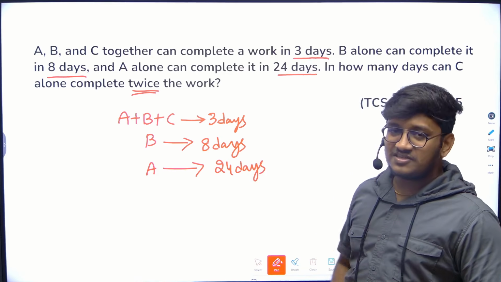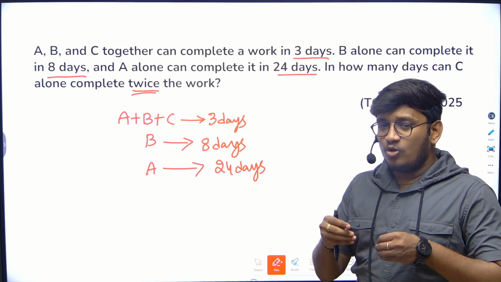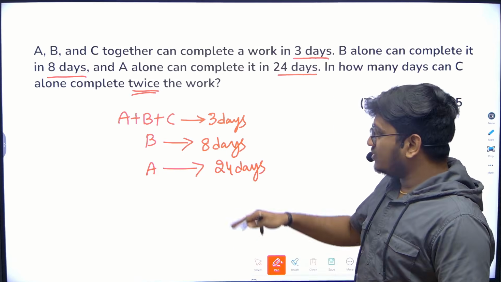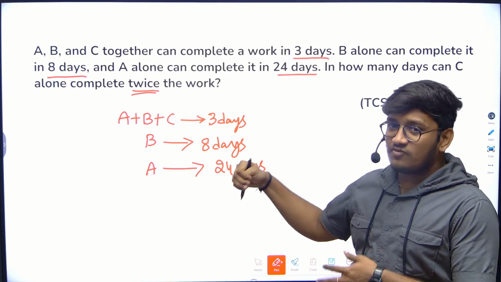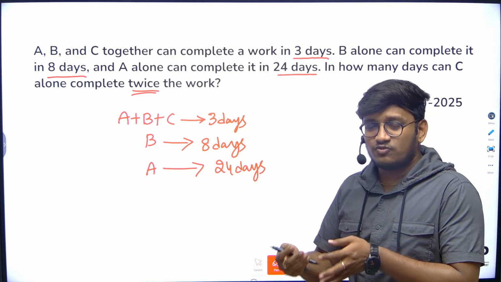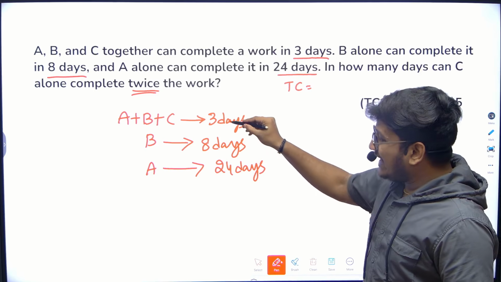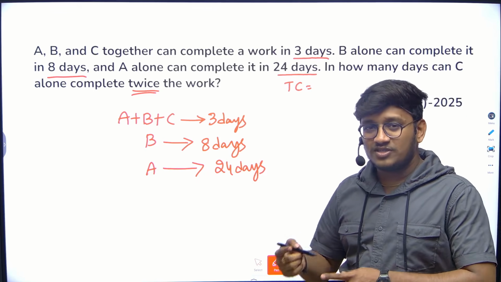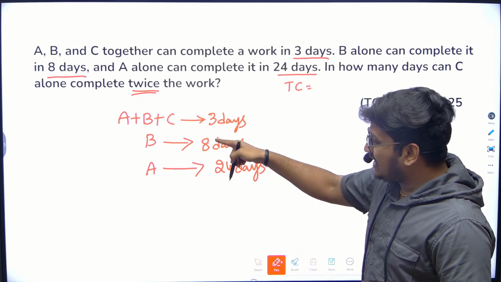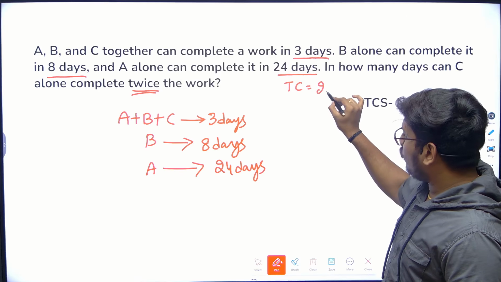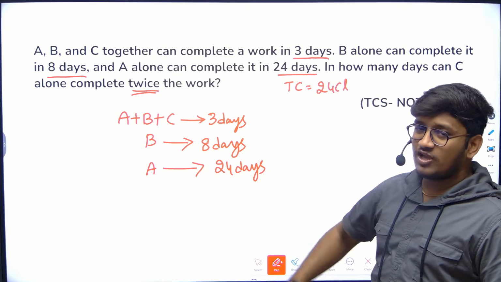Hope you remember the chocolate method that we discussed in earlier classes. Instead of considering some X work or X units, let me consider total chocolates, the LCM of the given numbers. Hope you remember the shortcut. So here 3, 8 and 24, the LCM is 24. So 24 chocolates we have in total.